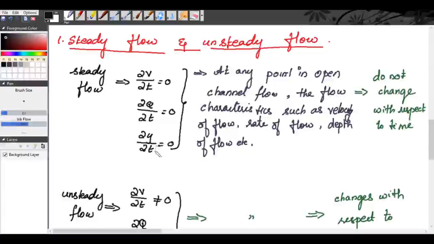There may be some other characteristics also. So at any point in open channel flow, if the flow characteristics such as velocity of flow, rate of flow, depth of flow, etc., do not change with respect to time, then you call it steady flow.